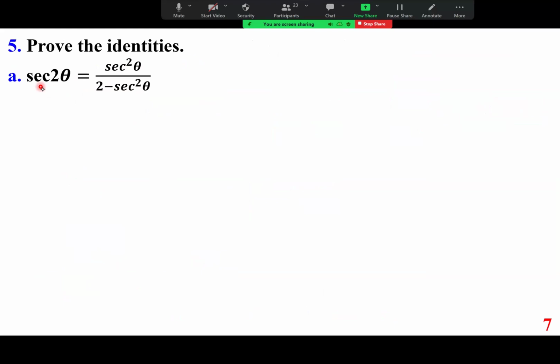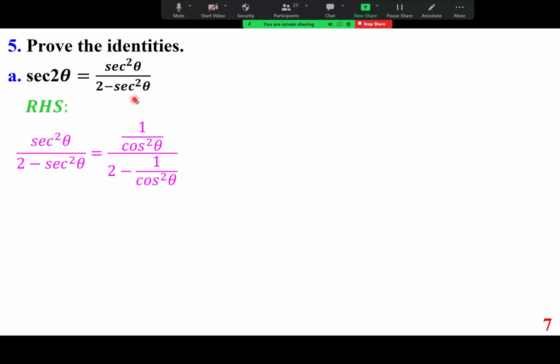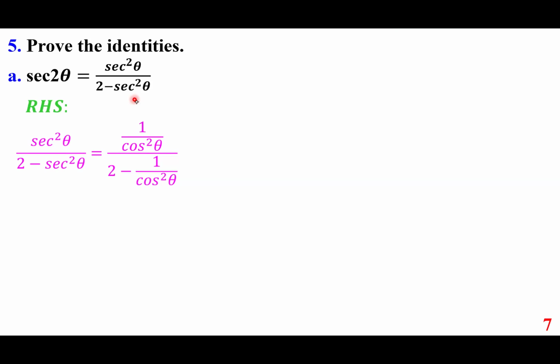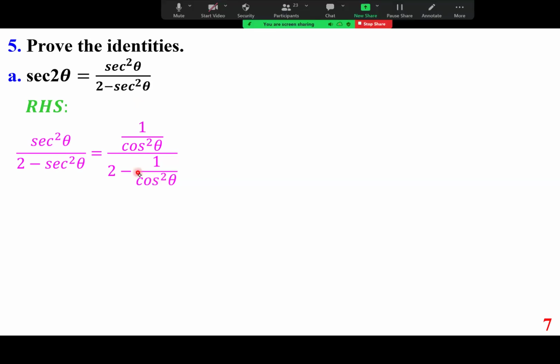Prove the identities. In this case, secant 2 theta is secant squared theta over 2 minus secant squared theta. And generally speaking, we start with the more complicated side. If we start with the right-hand side, this one, we change this one to 1 over cosine, so it's 1 over cosine squared, and same thing here. Now, of course, this is a complex fraction, and you can multiply the top and the bottom by cosine squared to get rid of it.